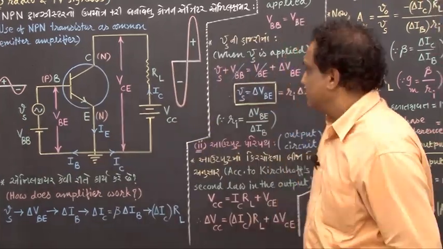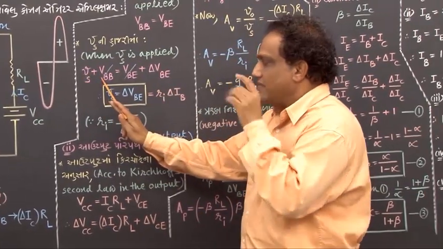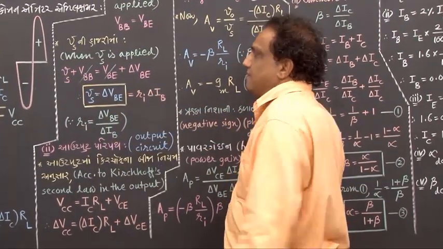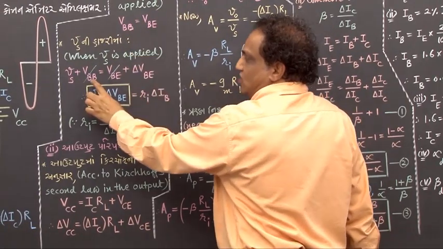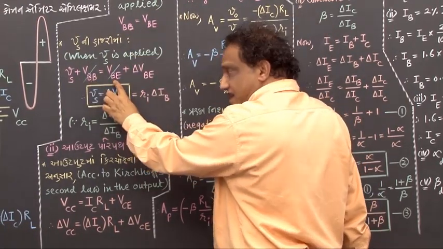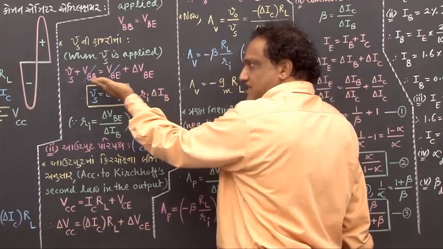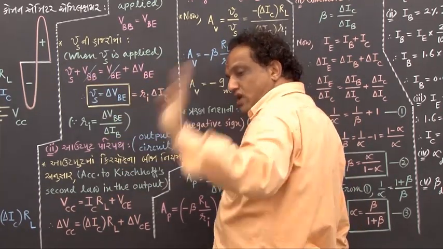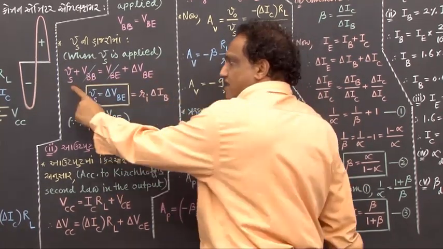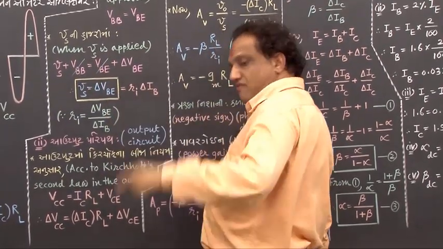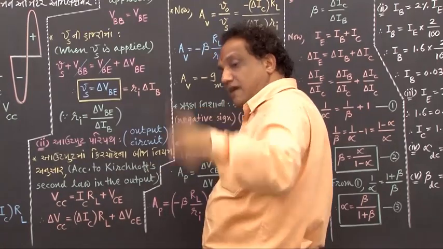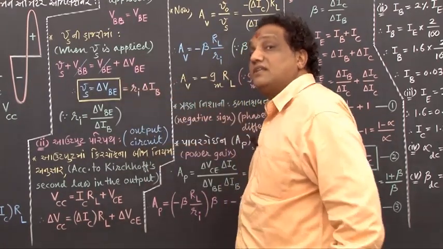Now tell me, because of VBB, you are going to get VBE. But on the left hand side, you are not writing only VBB. You are writing Vs plus VBB. So you are making a change on the left hand side. When we make a change on the left hand side, the same change would appear on the right hand side.